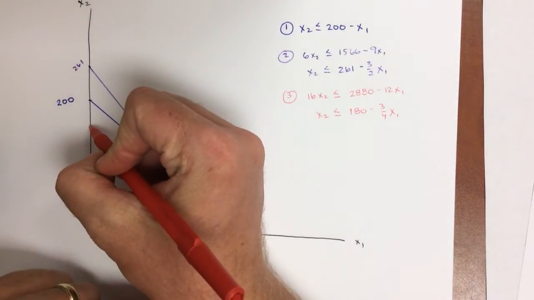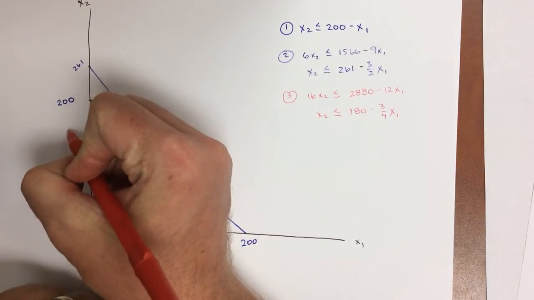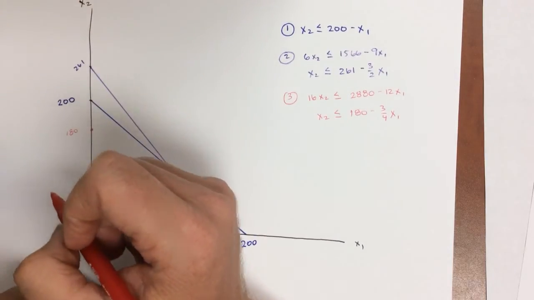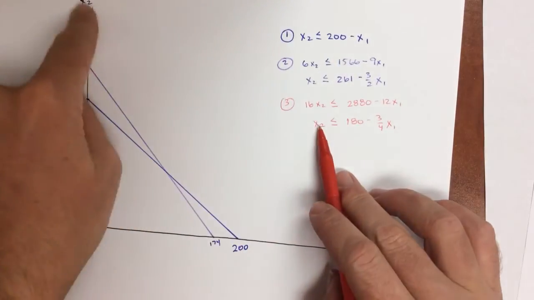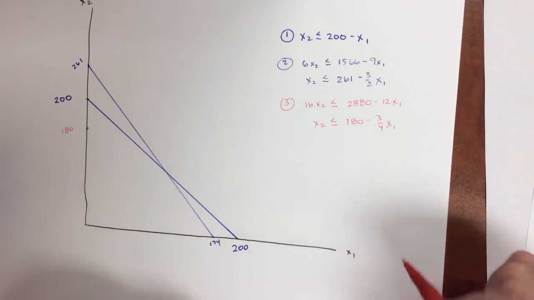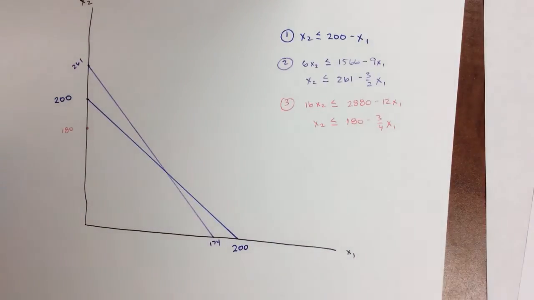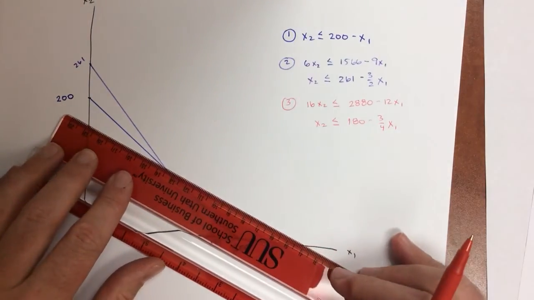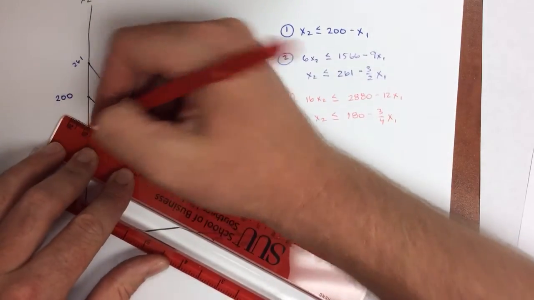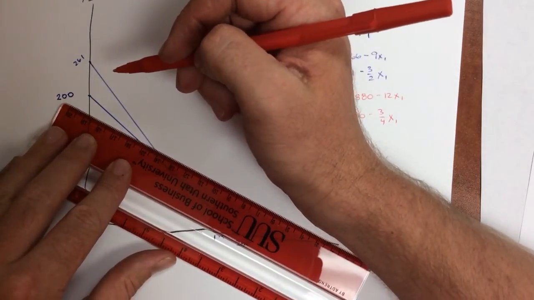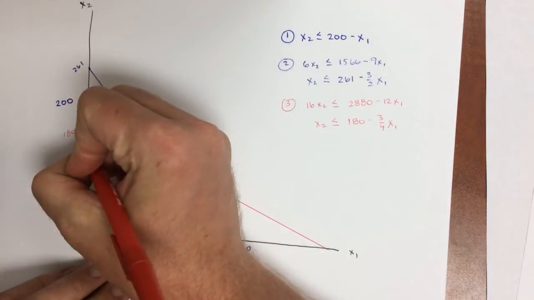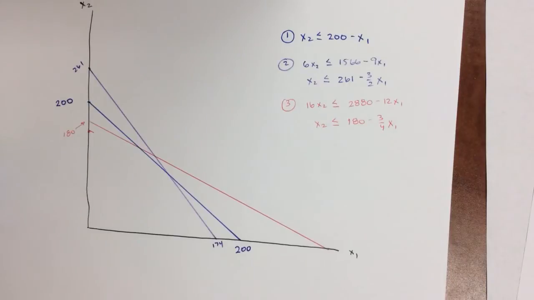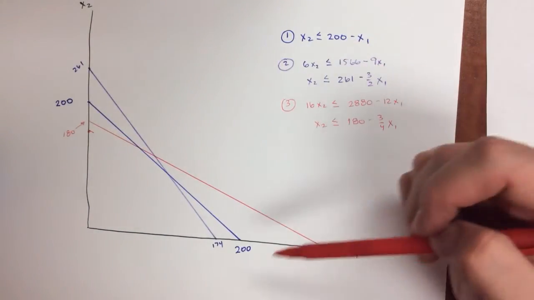The x2 intercept is at 180, and for the other intercept, I'll just put in 0 for x2 and solve for x1, which is about 240. So it looks something like this. Let's see if we can draw this. Maybe not to scale, but we'll call it to scale anyways. So to 180. Now I've graphed out all three of these constraints.